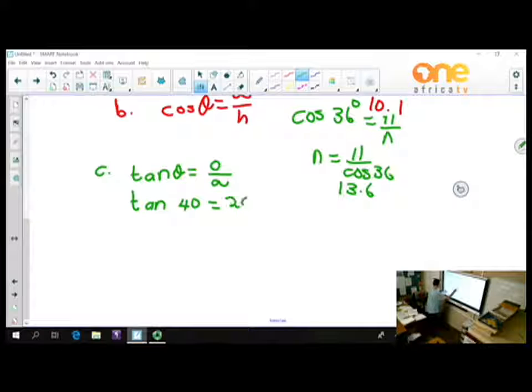This one is opposite, the 200, and this one is adjacent, M. Which method now? Bottom divide. So 200 divided by tan 40 degrees is equal to 238.